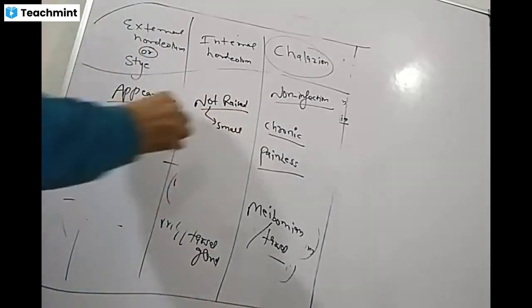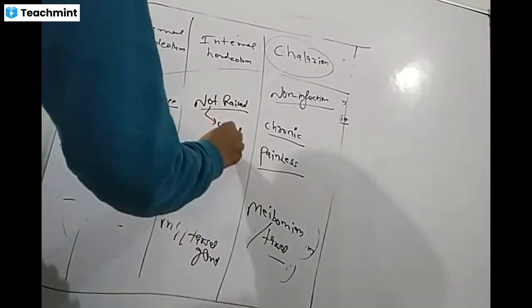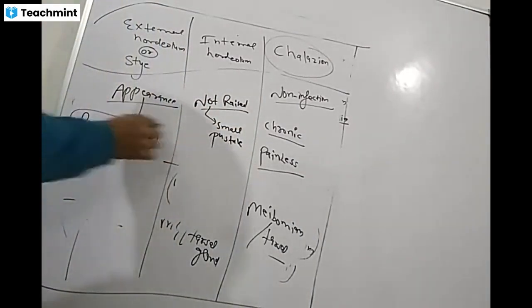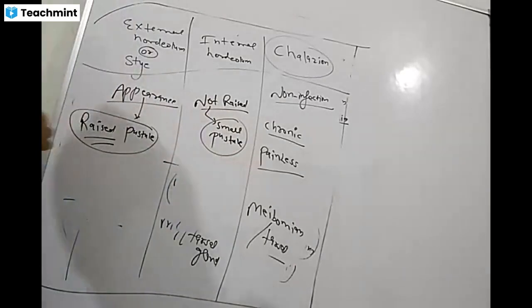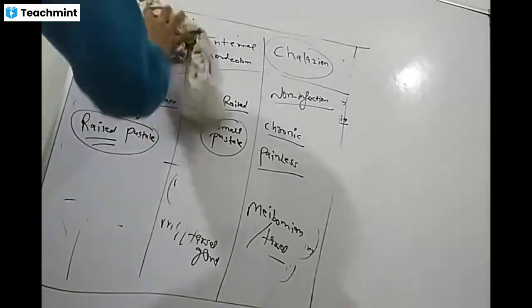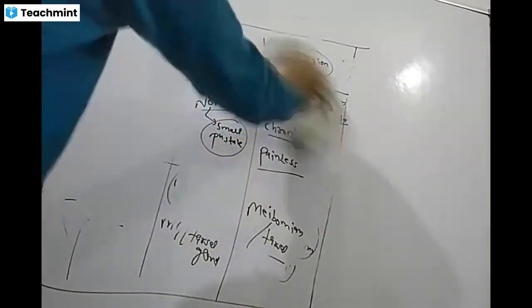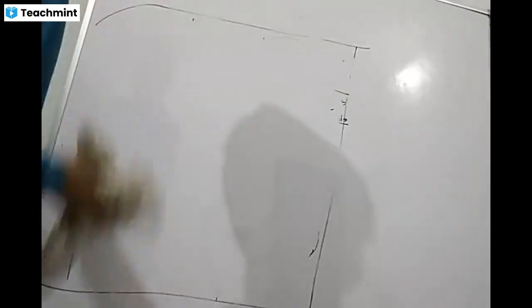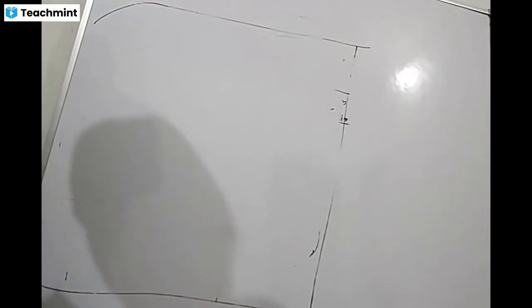There is a small pustule. So there is a raised pustule and there is a small pustule. So these were the differences between three kinds of eyelid gland affections, where two are bacterial infections, that is staphylococcal, and one is without any infection.